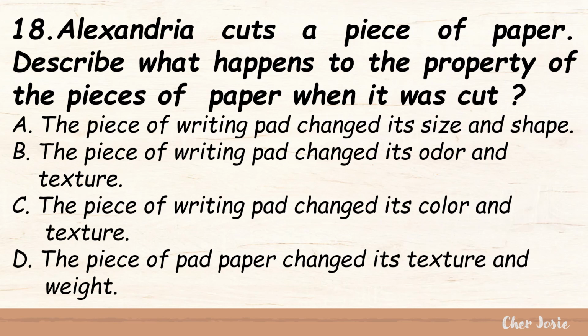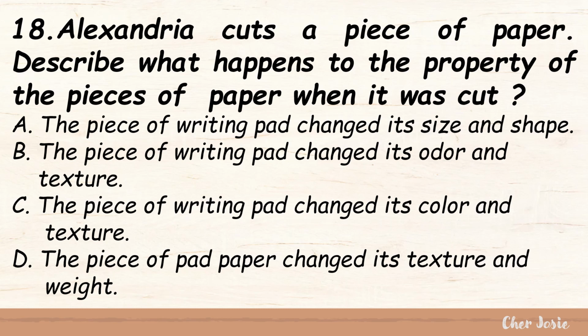18. Alexandria cuts a piece of paper. Describe what happens to the property of the piece of paper when it was cut. A. The piece of writing pad changed its size and shape. B. The piece of writing pad changed its odor and texture.